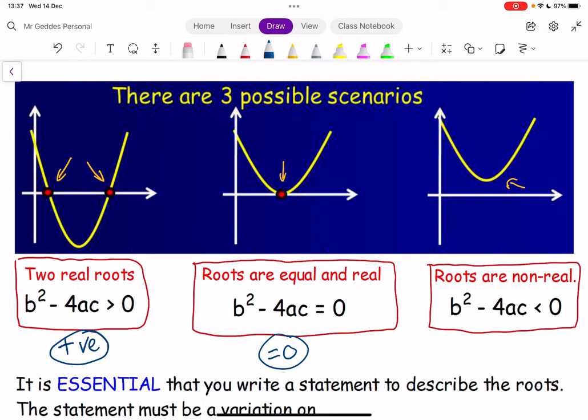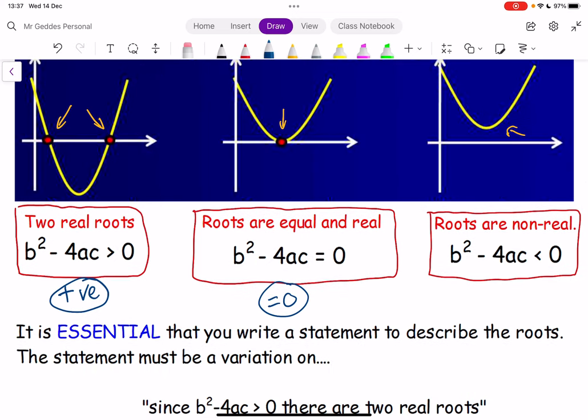If you get it coming out equal to 0, you're going to say that roots are equal and real. And then any guesses as to what the last one is? Anything less than 0 is exactly, yep. So if you get a negative answer coming out of the discriminant, it means that roots are not real.